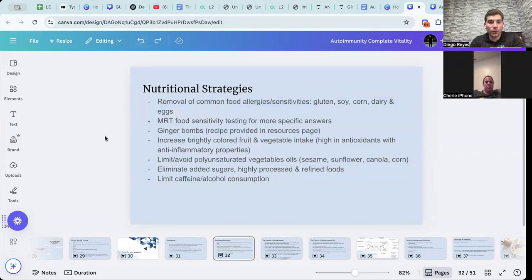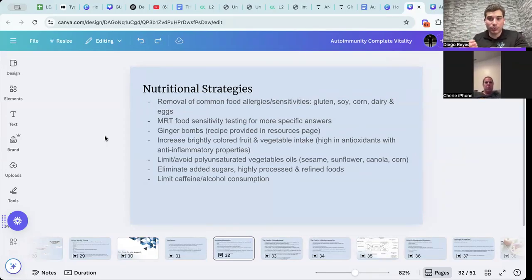So limit and avoid polyunsaturated vegetable oils. This is like sesame, sunflower, canola, palm oil, corn oil. If you eliminate these things, they are pro-inflammatory to your cells at the mitochondrial level. So obviously you guys are recognizing some of the cross references from what you're specifically doing to what I'm presenting here right now. There's a reason for that.